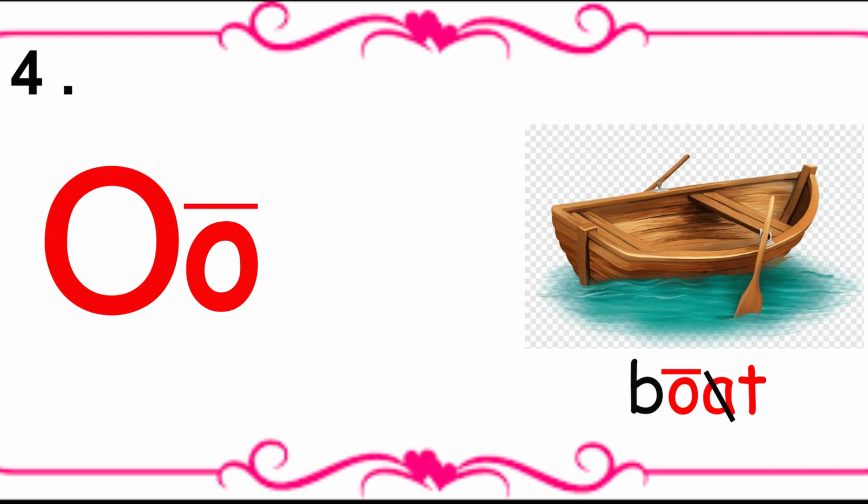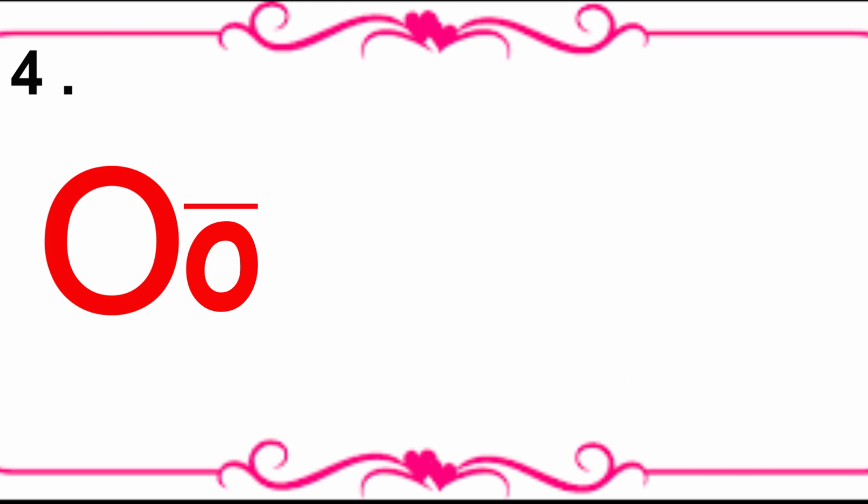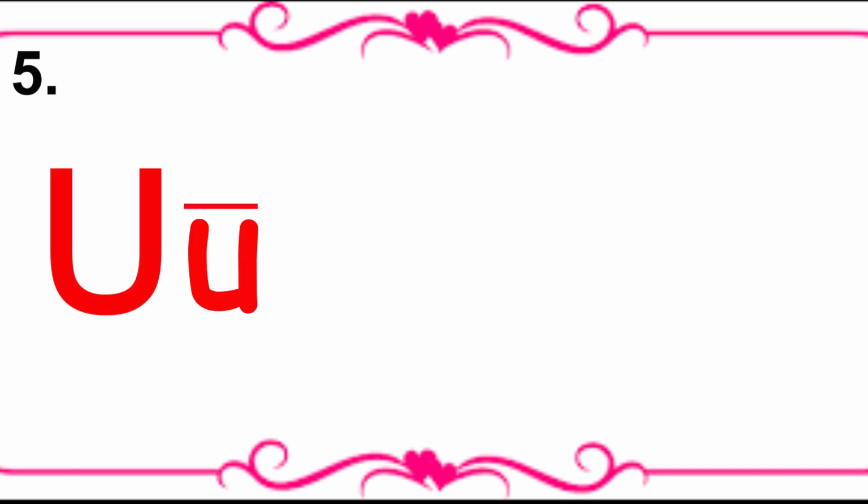Don't forget the rule: the first vowel makes the long sound, while the second vowel is usually silent. Can you say the long O sound with me again? O. Great job.